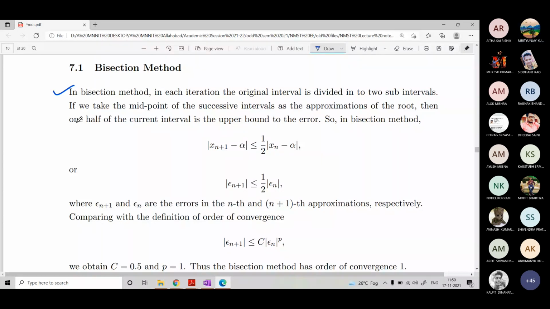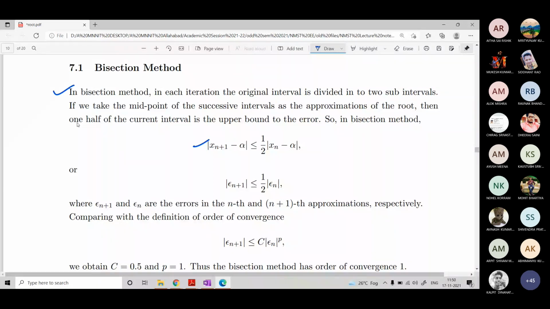So the error also will be half. The error in the n plus 1th iteration, given by mod of xn plus 1 minus alpha, will be less than or equal to half the error in the nth iteration, because the length of the interval in the n plus 1th iteration is half of the length of the interval in the nth iteration.